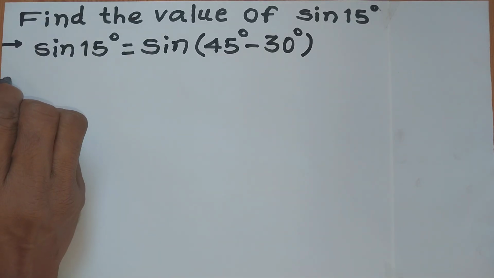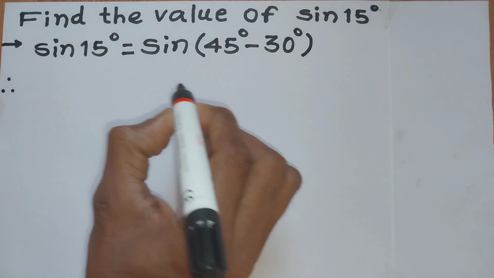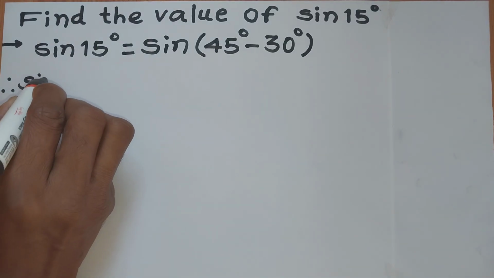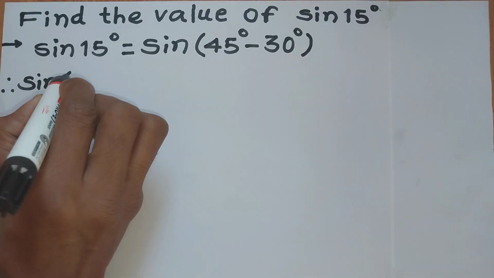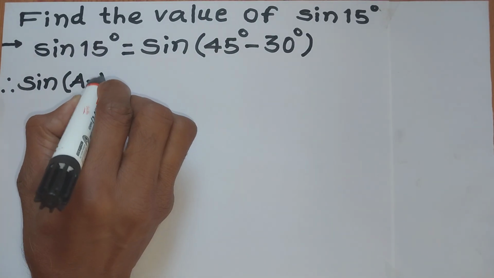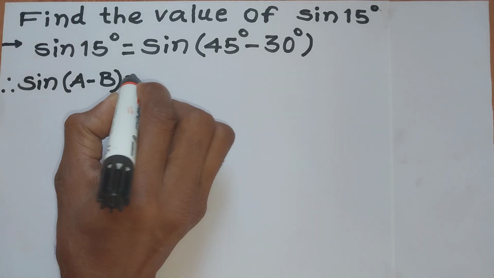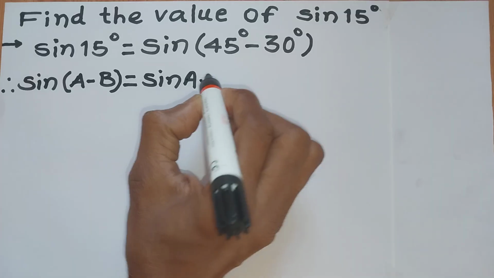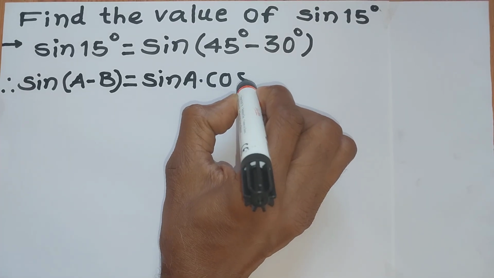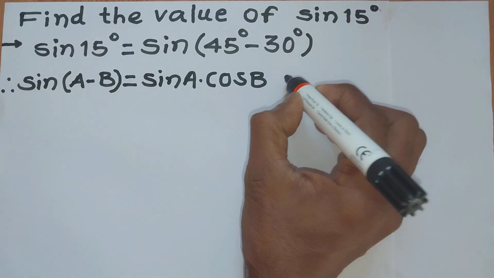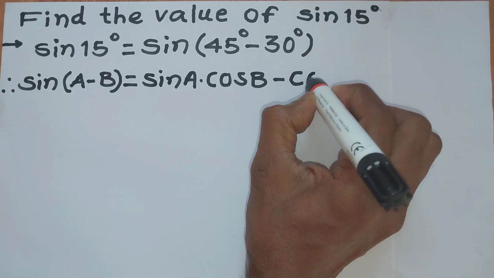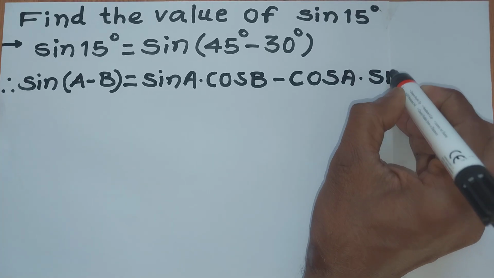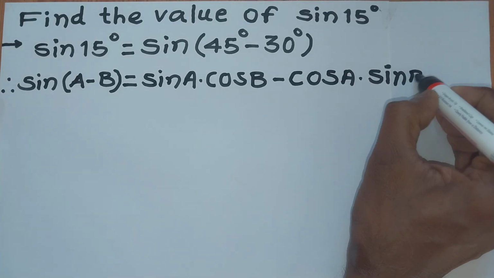For this we will use trigonometric ratios of compound angles, that is, according to this, sin bracket a minus b is equal to sin a into cos b minus cos a into sin b.